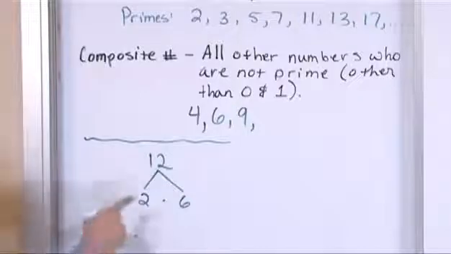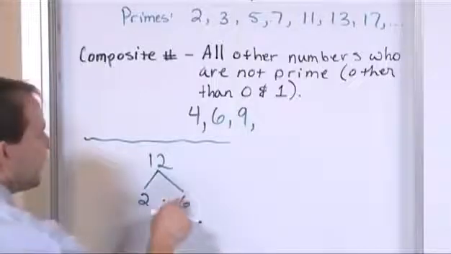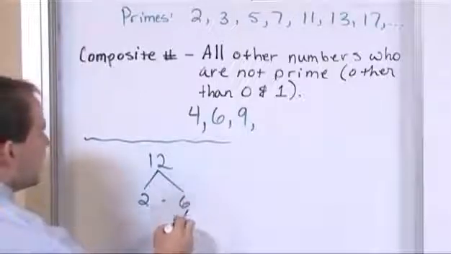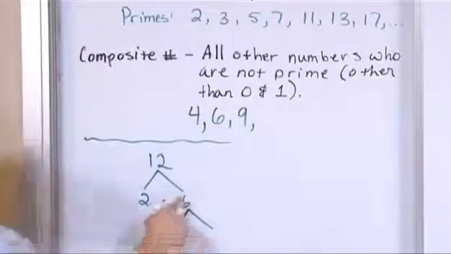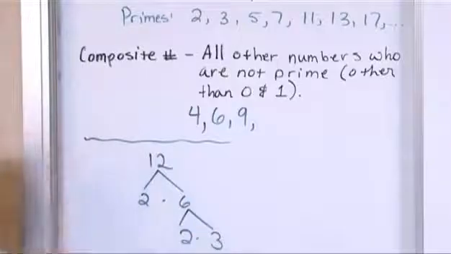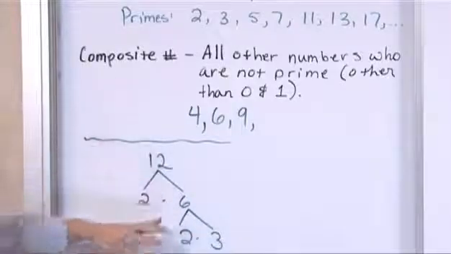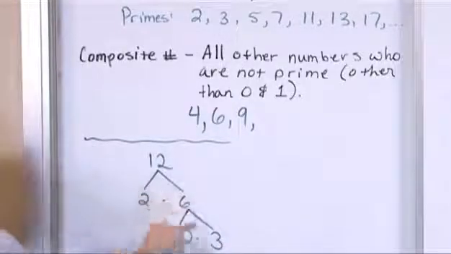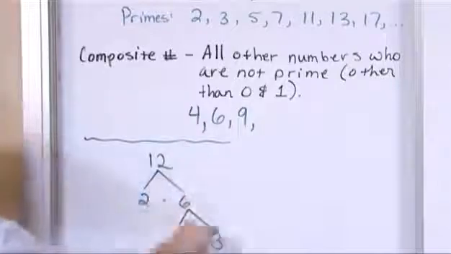Now, this number here is 6. I can further find some numbers that can multiply together to give me 6. So I continue my tree down here and I say this can also be 2 times 3, right? So I'm building a tree and all I'm doing is finding numbers that multiply together, and each branch of the tree I continue doing this.